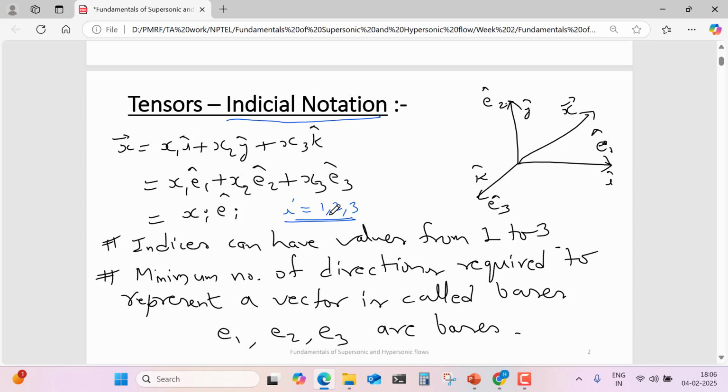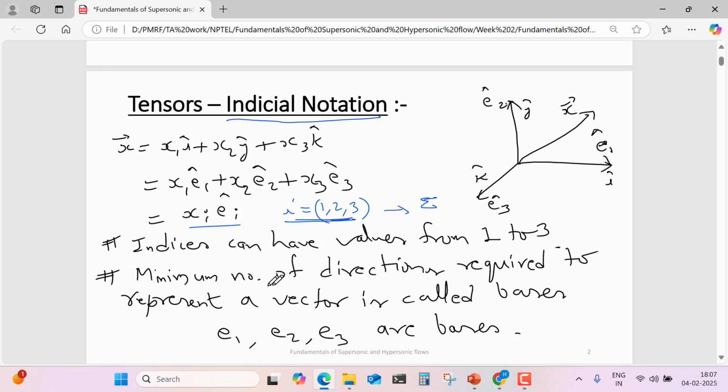It is implicitly expressed that i equals 1, 2, 3. These are the dimensions. And if one index is repeated, then it is treated as a sum.